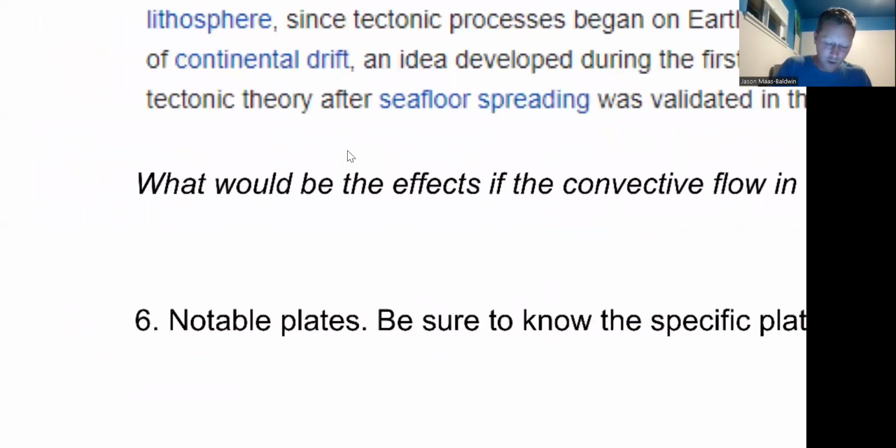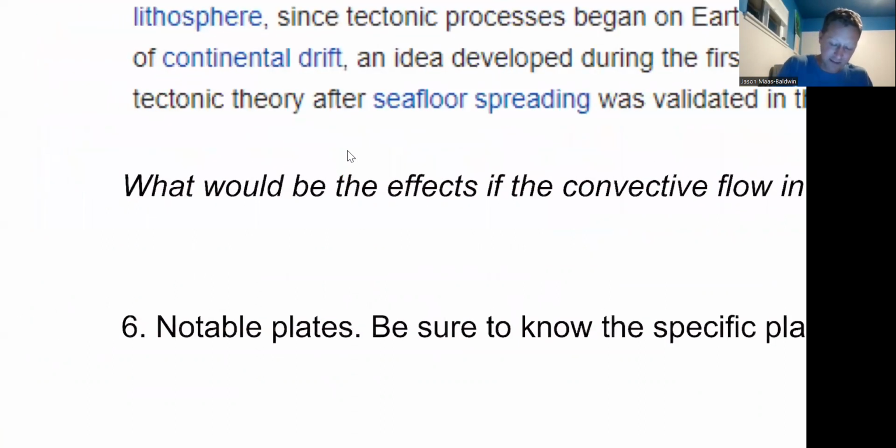So let me just draw that whole convection process out. Again, next class we'll actually look at that. And convection is happening because the core of the Earth is hot. It's hot down here. And so here we have hot stuff rising. Okay.